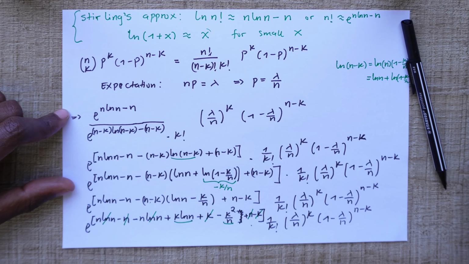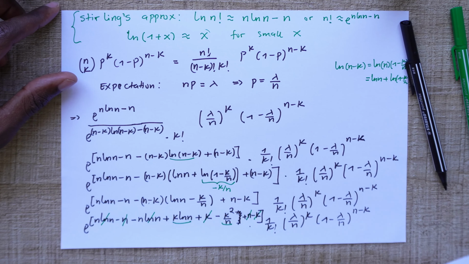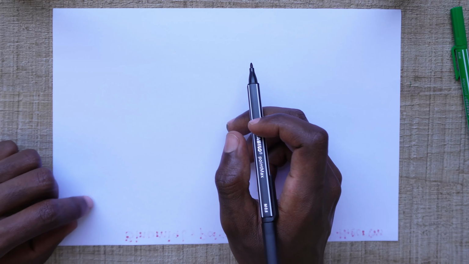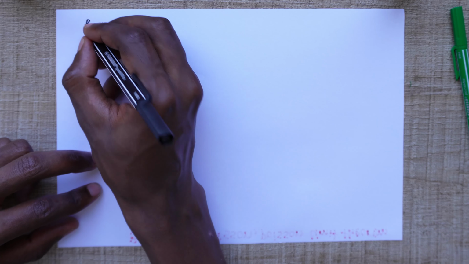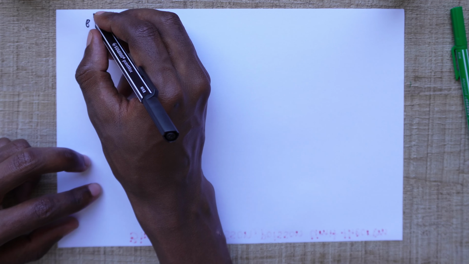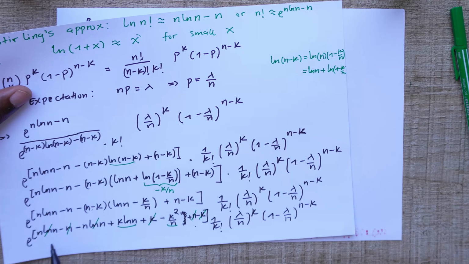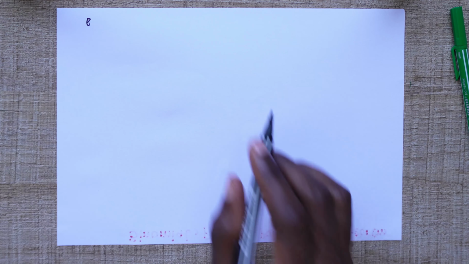Okay, so I'm going to take another page to write that. So we are going to be left with e to the power k ln n and then minus k squared over n.